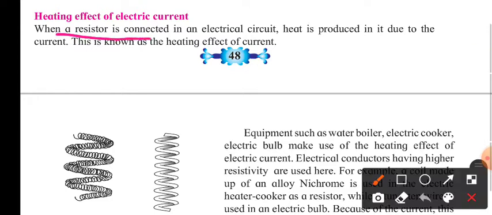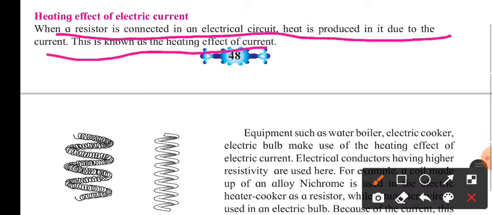When a resistor is connected in an electrical circuit, heat is produced in it due to the current. This is known as the heating effect of electric current. So that heat which is produced in the electrical conductor, this particular phenomenon is called the heating effect of electric current.